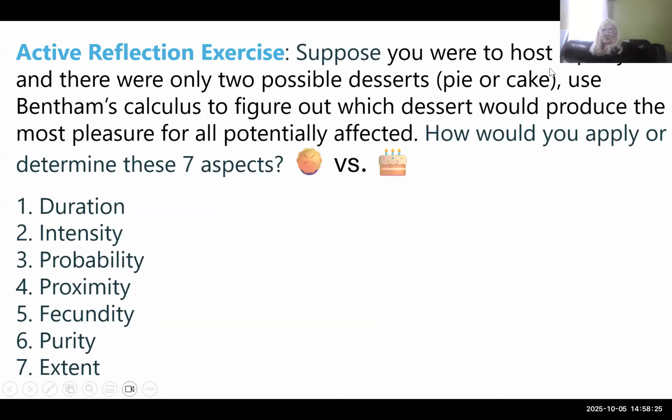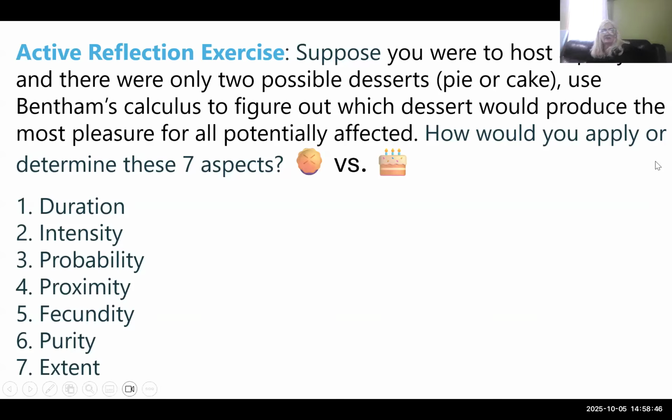So I'm going to have you do this, okay? Suppose you were to host a party and there are only two possible desserts, pie or cake. Use Bentham's calculus yourself to figure out which dessert would produce the most pleasure for all potentially affected. Of course, this is just an act of reflection, so you're imagining your own cake party.